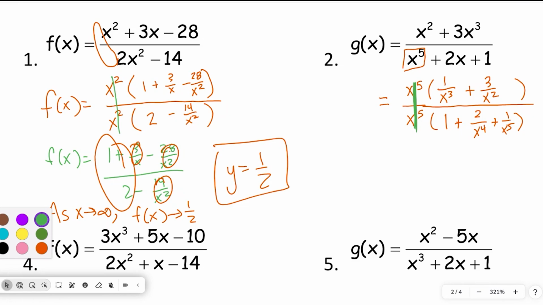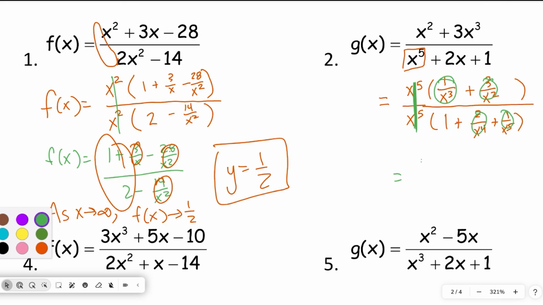And so now let's send all the x's to infinity. Plug in some huge 100 million bazillion into x. So what is the 1 over x cubed going to get closer to? 0, yeah? So this is just going to get closer to 0. This is going to get closer to 0. All of these fractions are going to get closer to 0.